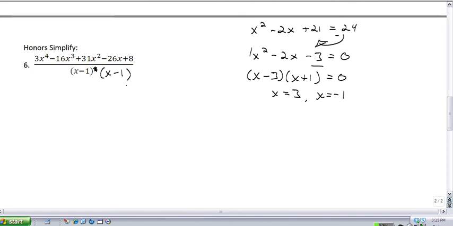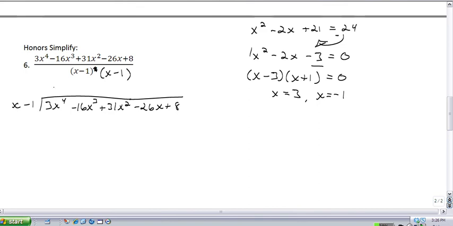How do I determine if x minus 1 is in the numerator? Through long division. Okay, x minus 1 into 3x to the 4th minus 16x cubed plus 31x squared minus 26x plus 8. So we'll not only figure out if it goes into it, we'll figure out what's left.